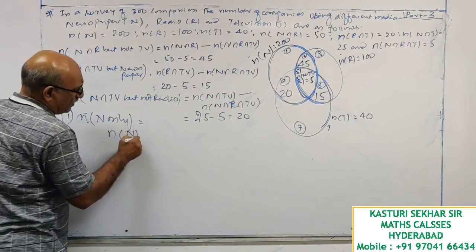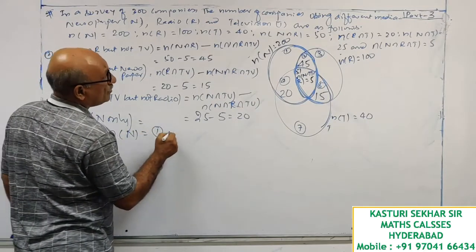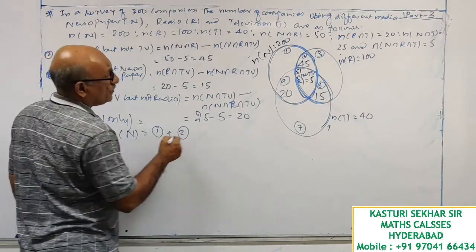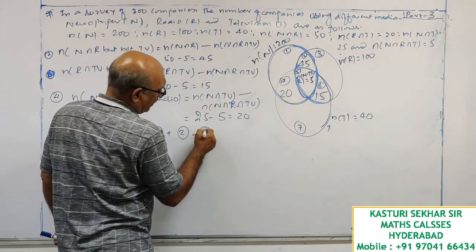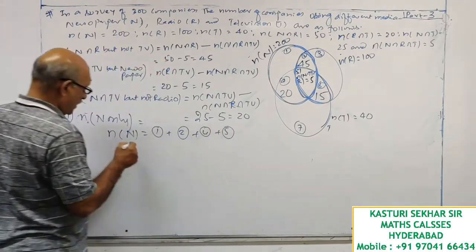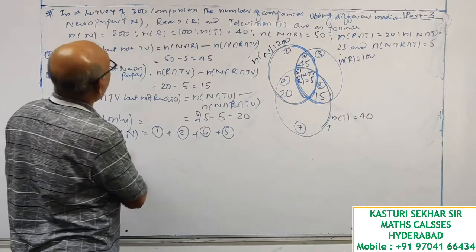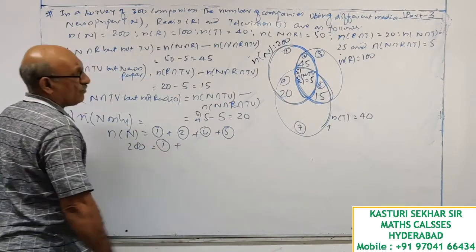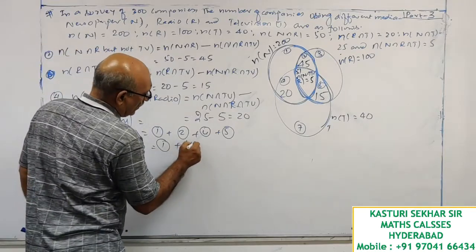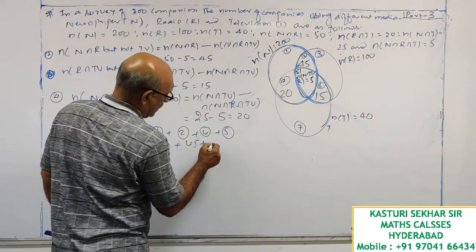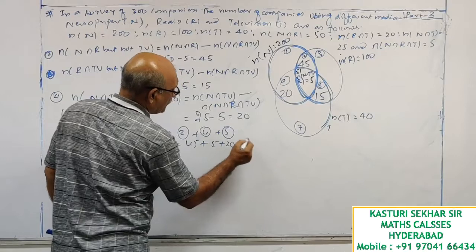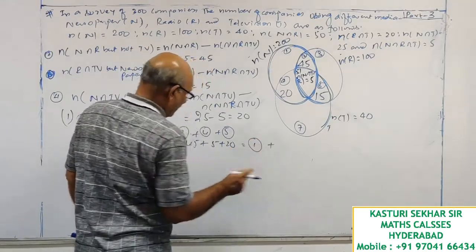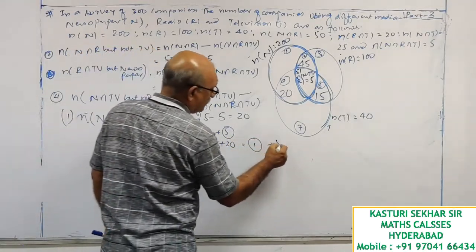N of newspaper is equal to 1 plus 2 plus 4 plus 5. N of newspaper is given as 200. We have 45, 5 plus 20, this is 70.